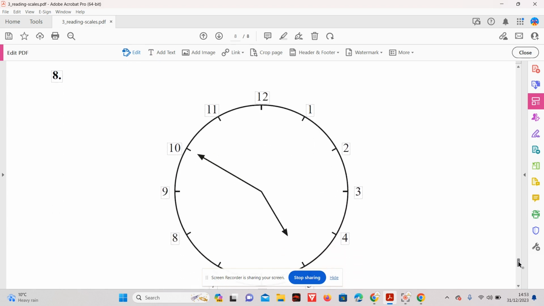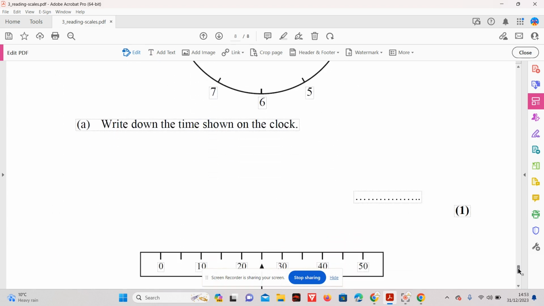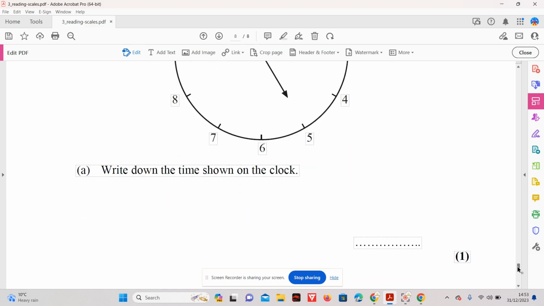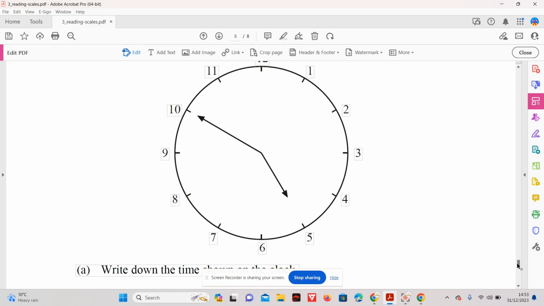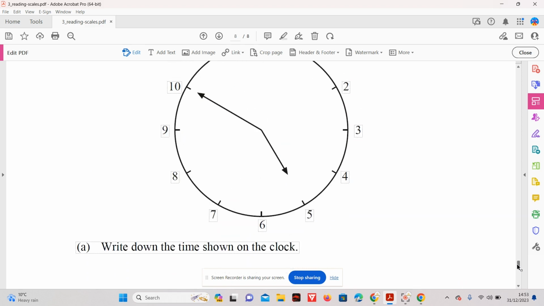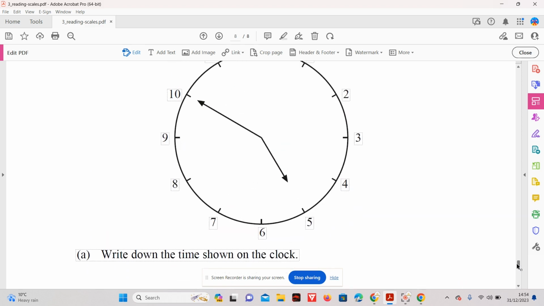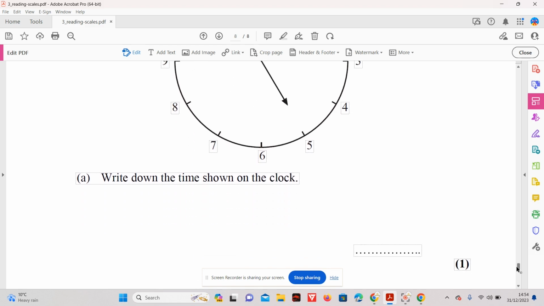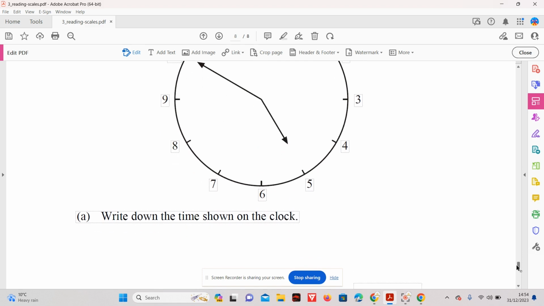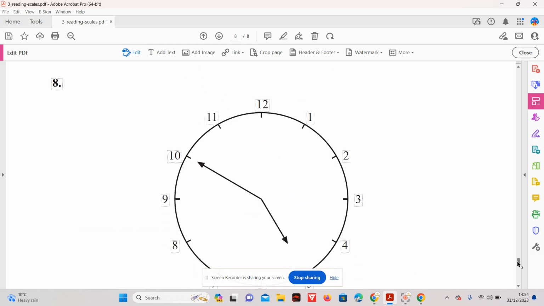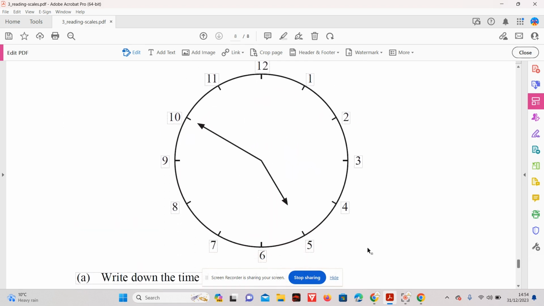And question 8. Write down the time shown on the clock. So the little hand's pointing at the 5, the big hand's pointing at the 10, I think.